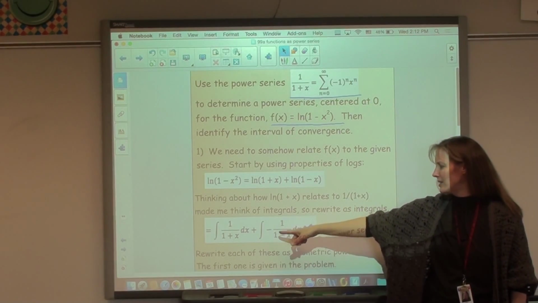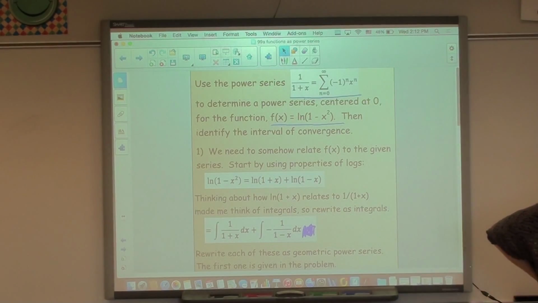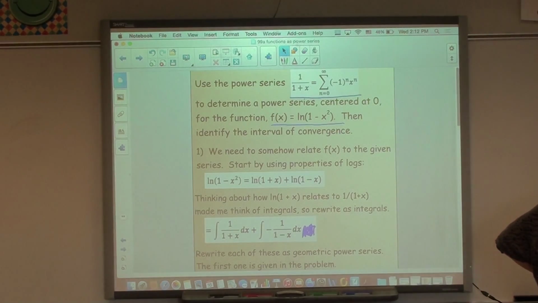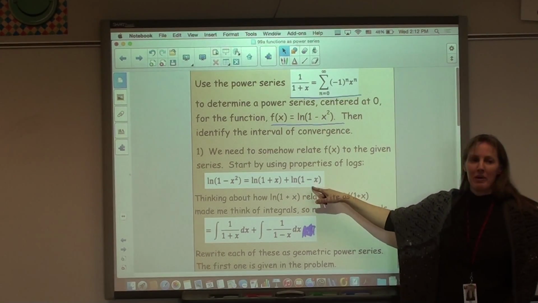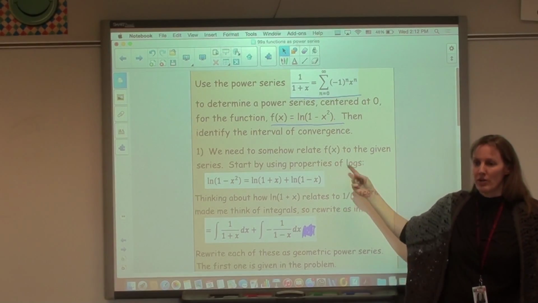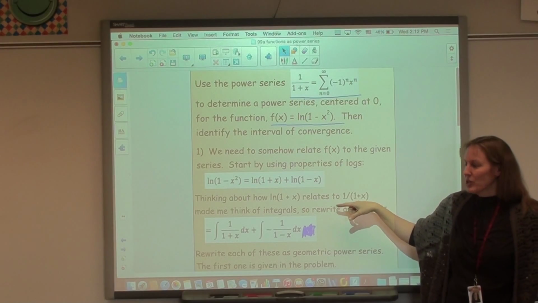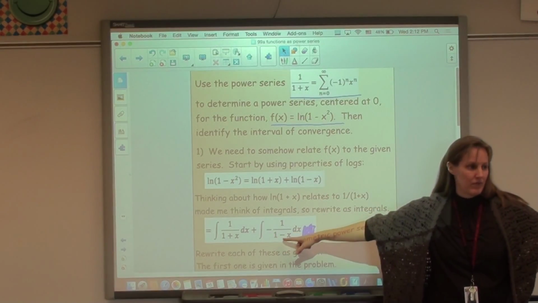Why do I have minus 1 over 1 minus x? Because the derivative guts are negative. If I were to take the derivative of natural log 1 minus x, it wouldn't just be 1 over 1 minus x, it'd be negative 1 over 1 minus x, right? So in order to back into this, I have to have a negative in front.